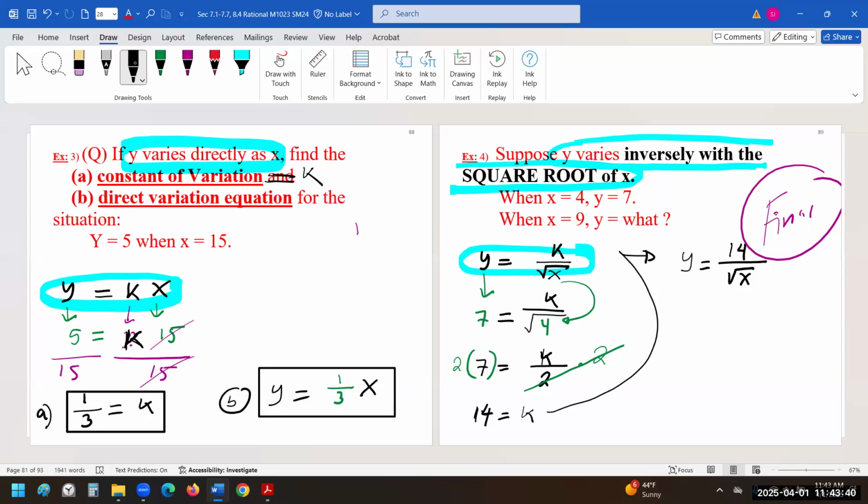So now what do you do? Substitute the x with 9 and the square root of 9 is 3. Perfect. With the second information where our x is 9, we get 14 over 3 and we stop.